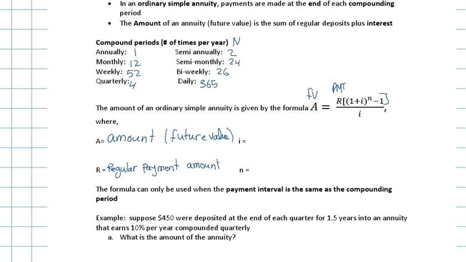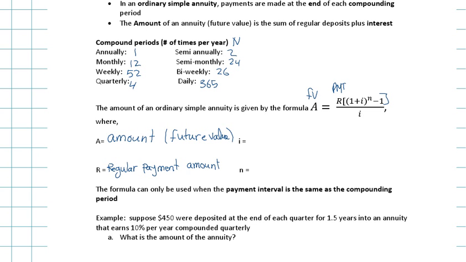I, how can I calculate I? The percentage. What do you divide the percentage by? The compounding period, yeah, by the big N, right?